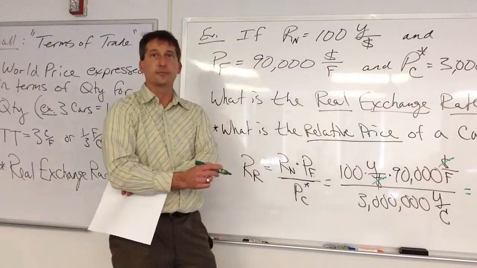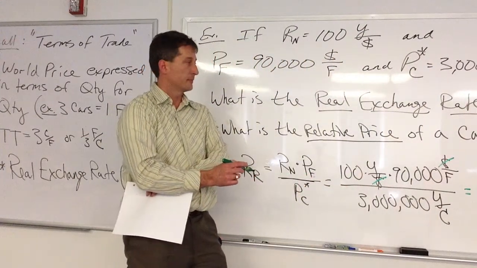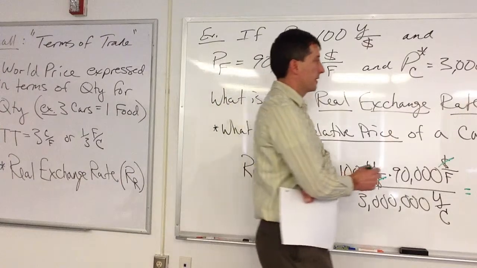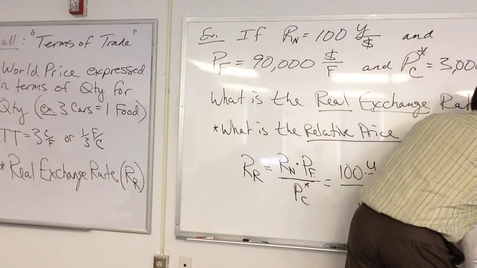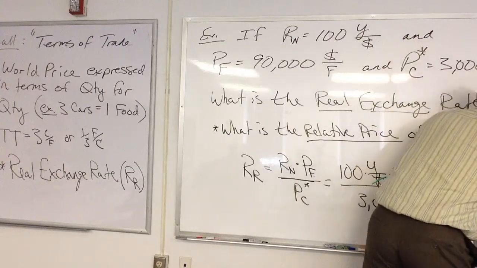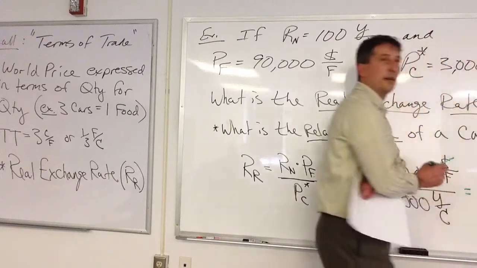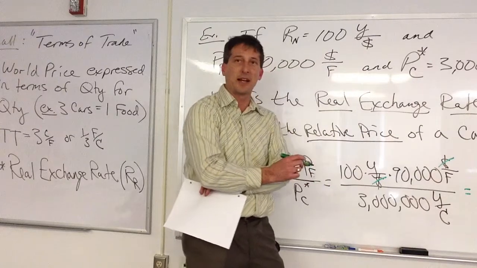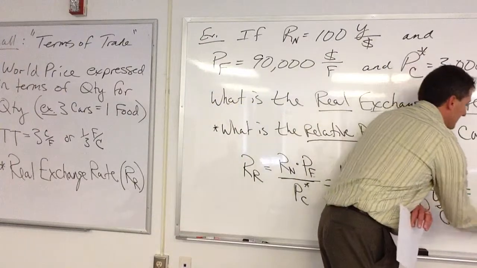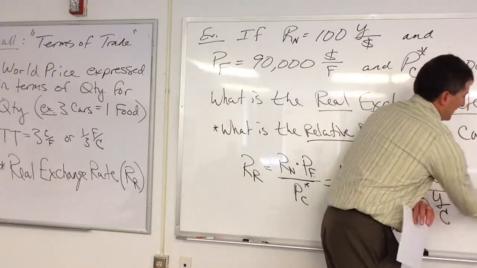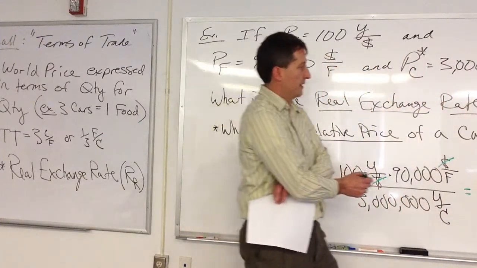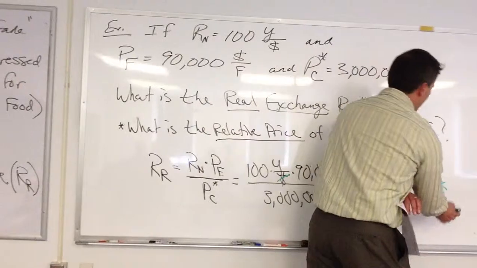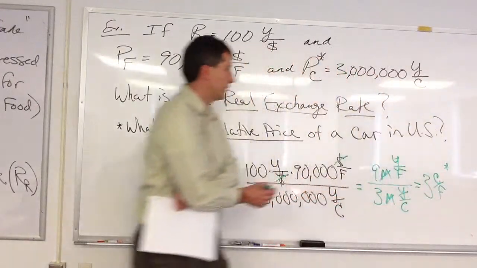And then it becomes car over food, good. 3 million car. So 3 cars per food. That whole thing collapses down. The millions drop. The yen end up canceling. We do the flip of the denominator. And so we got 3 cars for every food.